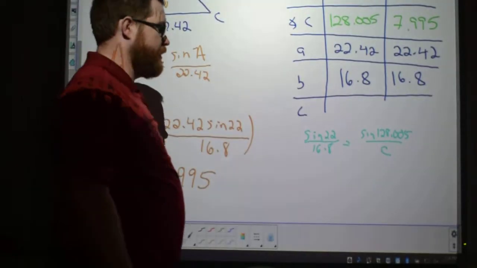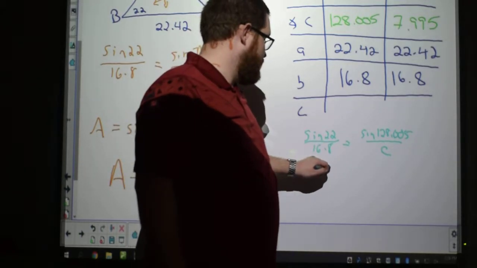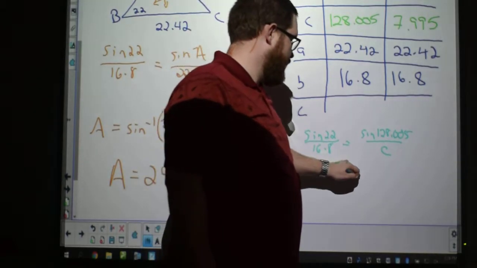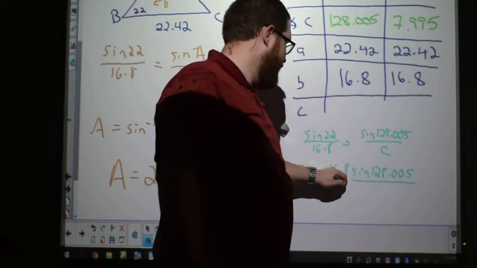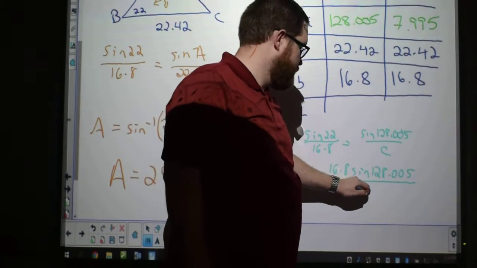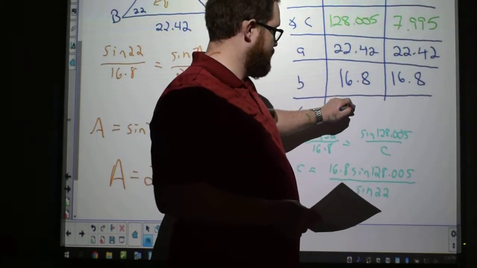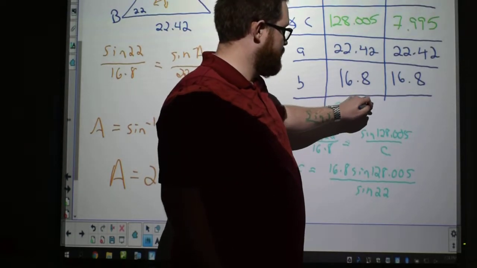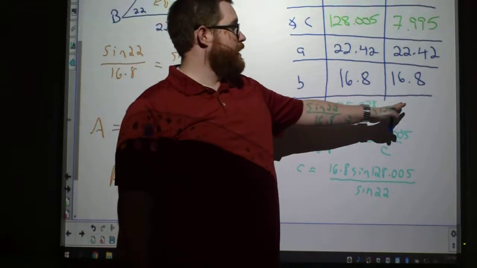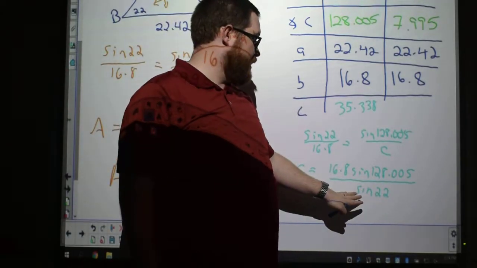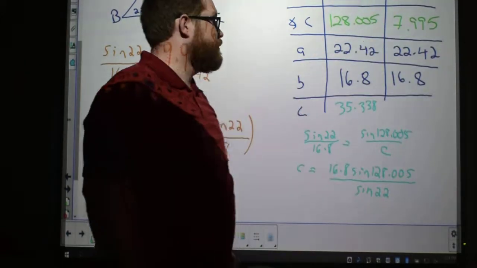If I go to solve this, I will get C equals 16.8 sine 128.005 divided by sine of 22. And if you do that, you're going to get 35.338. Now let's find side C for the second triangle. It's going to be the exact same setup, but instead of using sine 128.005, I'm going to use 7.995.